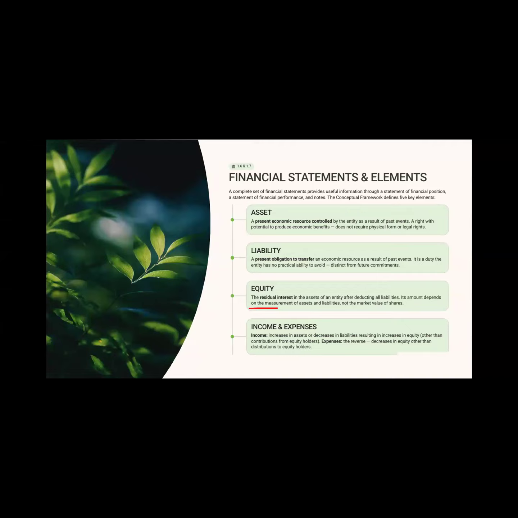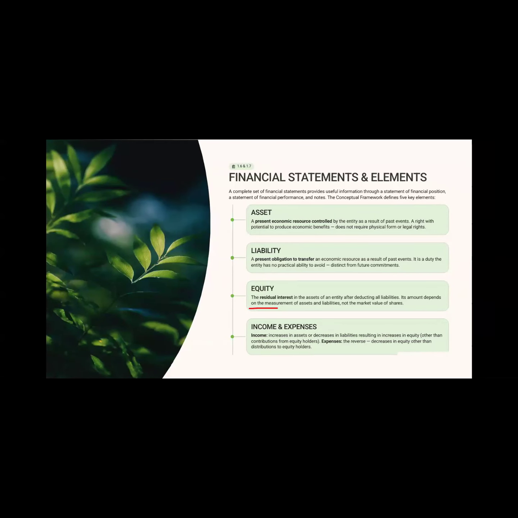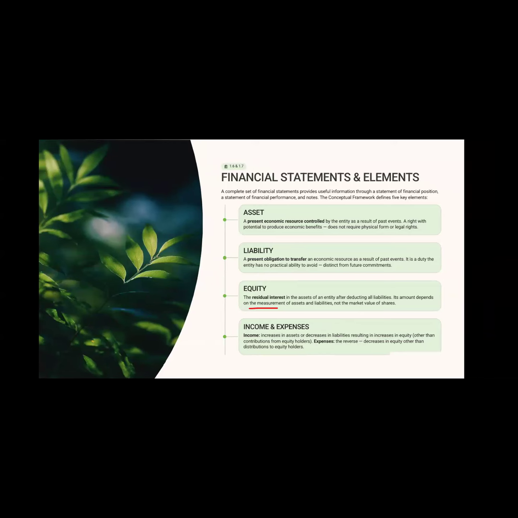Expenses, for example, electricity expenses, rent expenses, telephone bill expenses, and delivery vehicle expenses. Likewise, we have so many expenses, right? So you should know how to give all the examples for all these elements. Okay. I hope this elements part is clear. Is it okay?